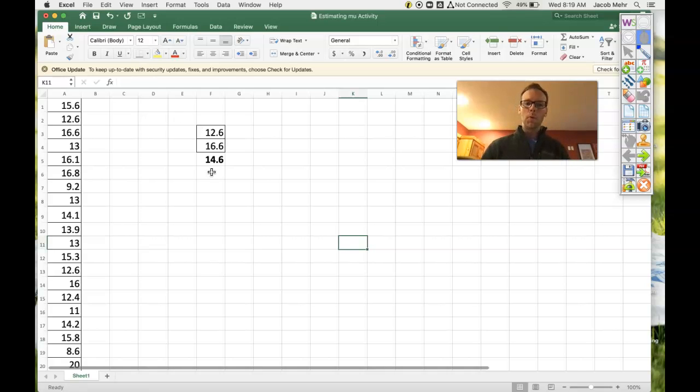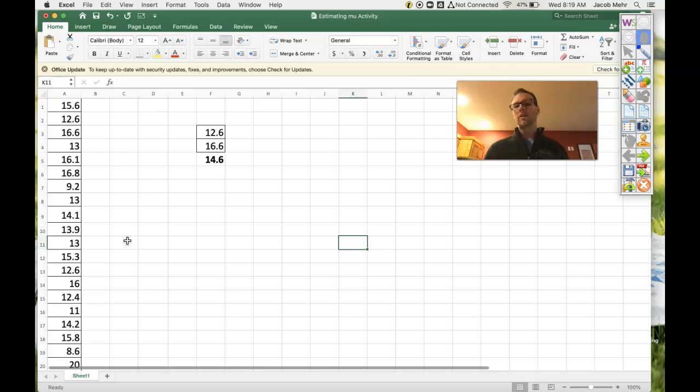I hope you would agree that 14.6 would be an approximation of the mean of the entire population of all 20. We selected 2, we found the mean of those 2 to be 14.6, and I would estimate that the population mean is about 14.6 because that's all the information that I have.